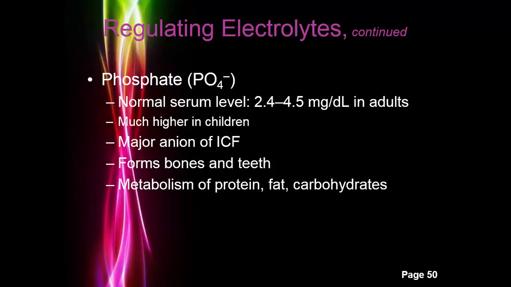All right, phosphate, normal serum level is 2.4 to 4.5 milligrams per deciliter in adults. It is much higher in children. That of a newborn is nearly twice that of an adult. It is a major anion in extracellular fluid. It helps form bones and teeth.